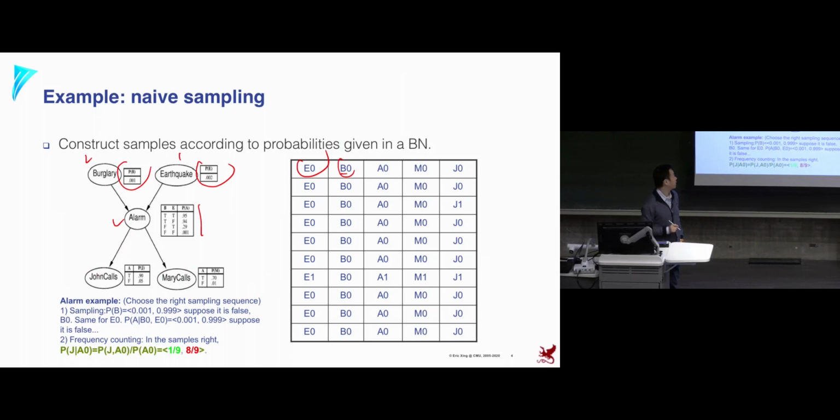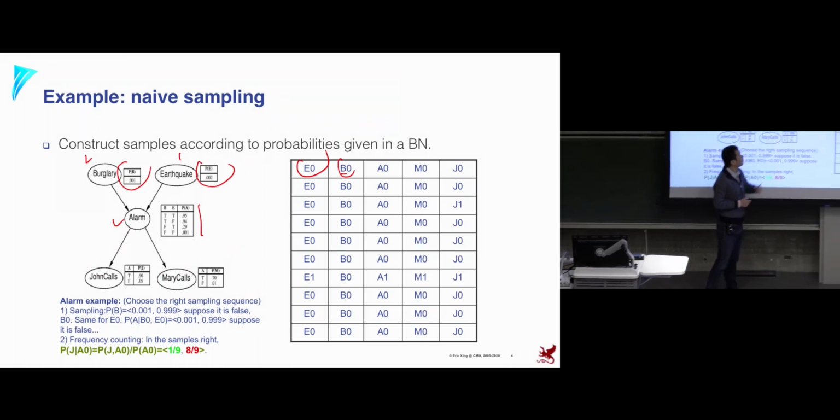If you were to draw A, conditioning on B and E, what are you going to have? You need to pick the right row in this table, which is now 0 and 0, meaning false and false, that's here. And then you draw a sample.